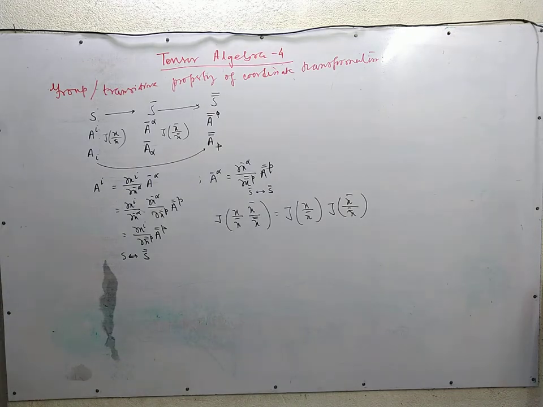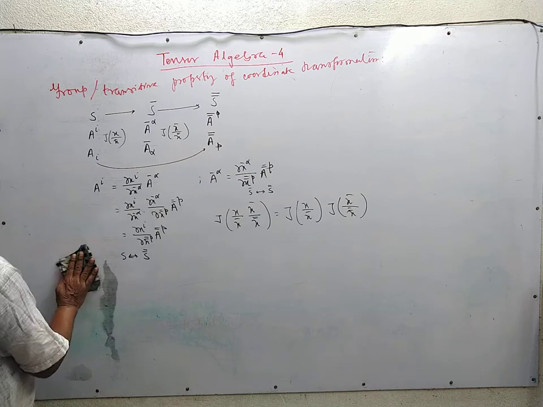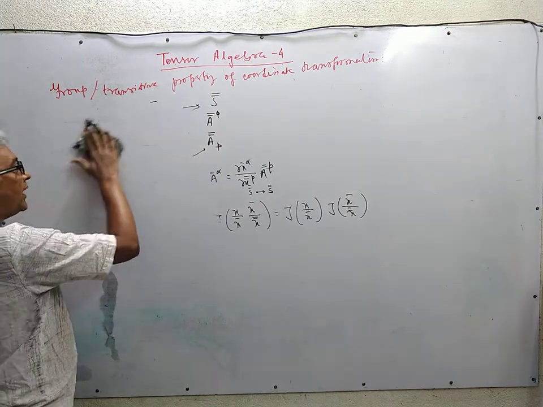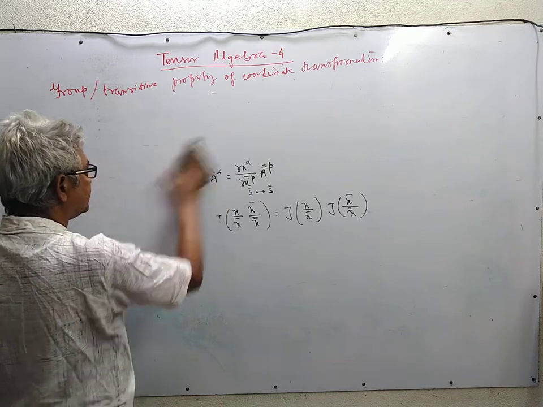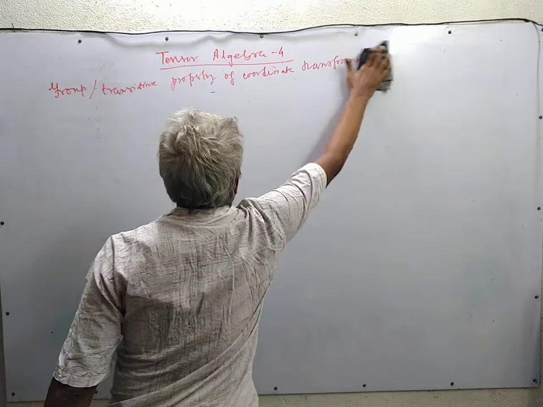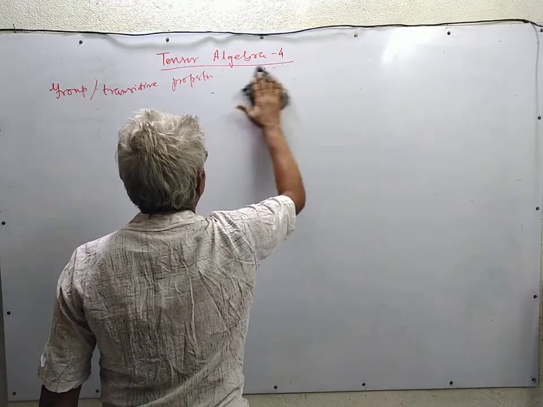Another thing I want to address is when there will be no distinction between covariant and contravariant components. This happens if we transform from one Cartesian coordinate system to another Cartesian coordinate system.